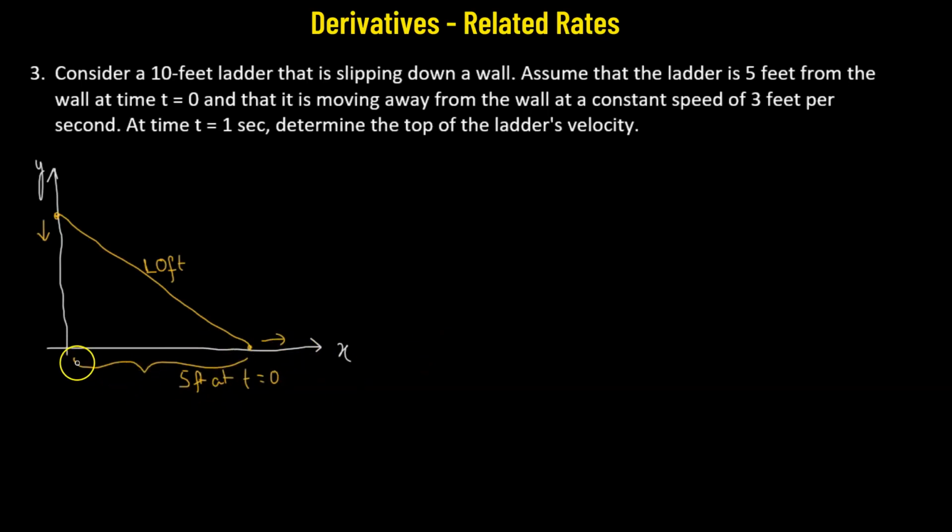So at any given moment of time, let's say the distance of the top of the ladder from the origin O is y, and the bottom of the ladder from the origin is x. Then at any time t, we can use the Pythagorean theorem. We can say that x squared plus y squared is equal to the hypotenuse squared. The hypotenuse is 10, so this will be 100.